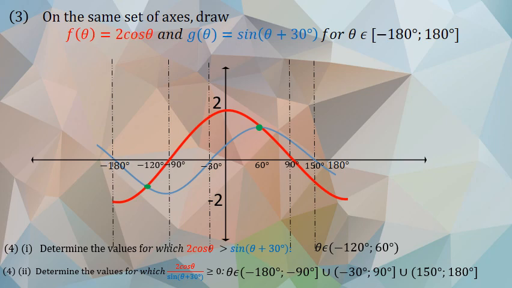Right, then last but not least, from 90 to 150, we see that blue is above while red is below. But then from 150 degrees onwards, so 150 to 180, they are both below the x-axis again. So we include that one as well.